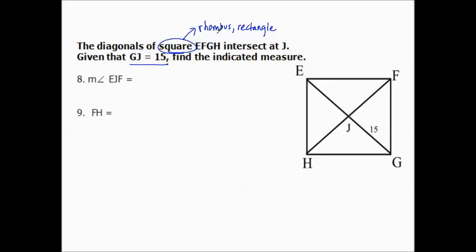So remember a rhombus, 4 congruent sides. Diagonals perpendicular. Diagonals bisect the opposite angles. Well, as I mark these, remember it's also a rectangle, which means all 4 angles are congruent. So I'm not going to put different marks here because all 4 angles are congruent and 90 degrees.